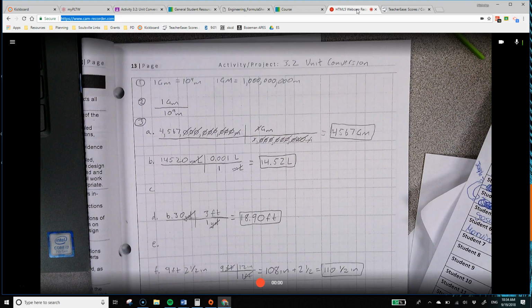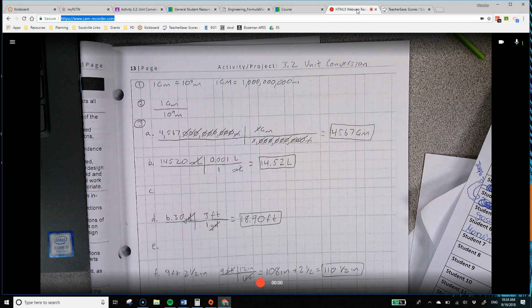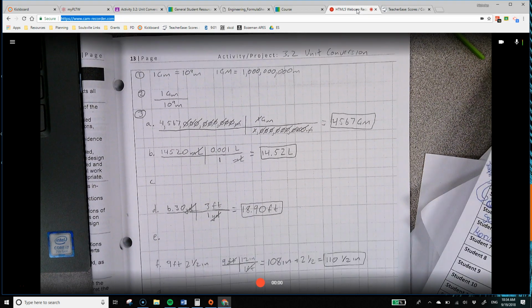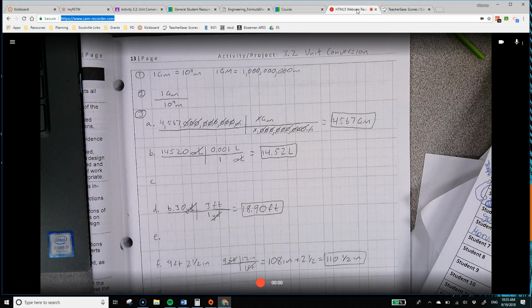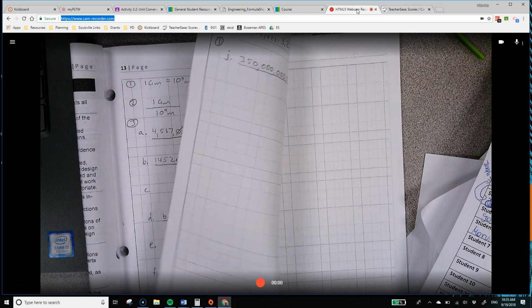Up at the top, I have 3.2 unit conversion. For each of my steps, I put the number and I circled it. And because step 3 has a whole lot of sub-steps, I did 3. Then I've got A, B, C, D, E, F, and I actually had to go over to the next page, and J is on the second page.